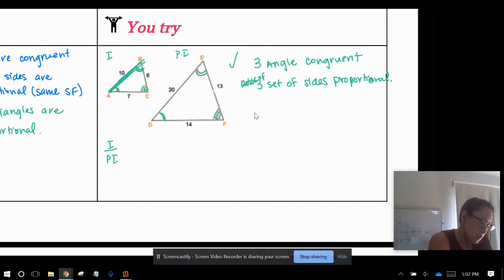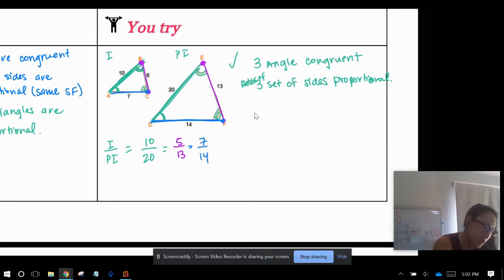So 10/20 is equal to, between the 2 tick mark angle and the 3 tick mark angle, E to F, so 5 over 13. And then between the 3 tick mark angle and the 1 tick mark angle, the lengths I have are 7 over 14.